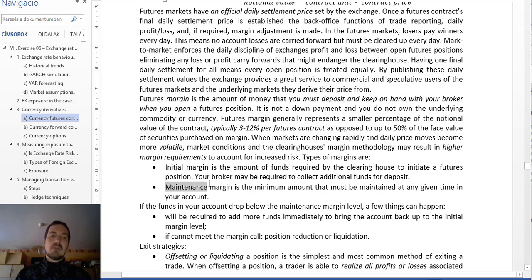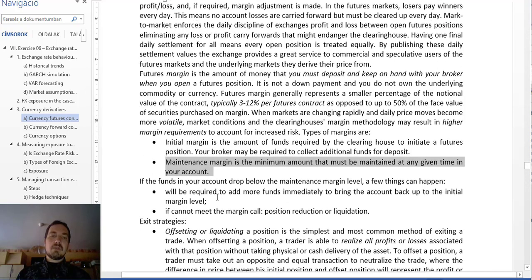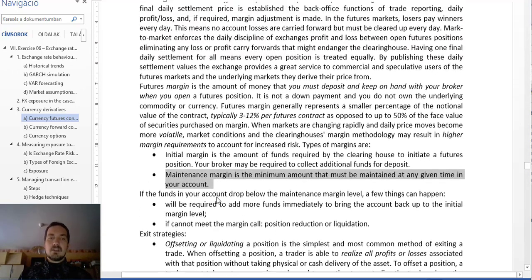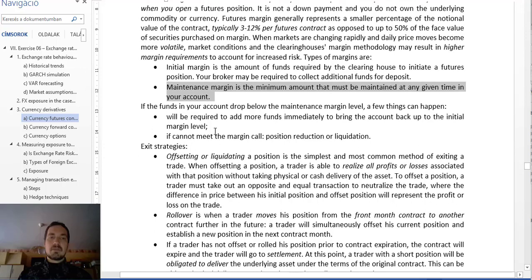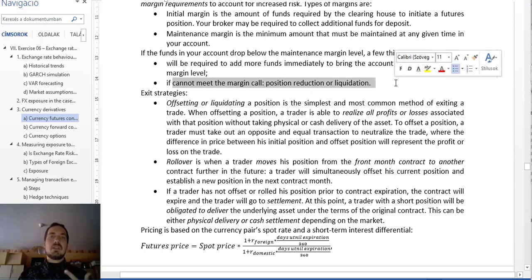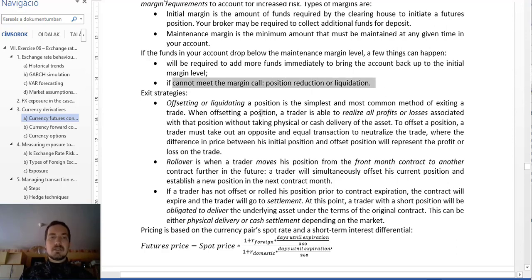And after that, depending on the volatility of the market, the maintenance margin should be maintained. So maybe they will ask us later on to put more money in to cover our position. And if we are not able to meet the margin call, then our position will be reduced or liquidated. So in this case it will end.